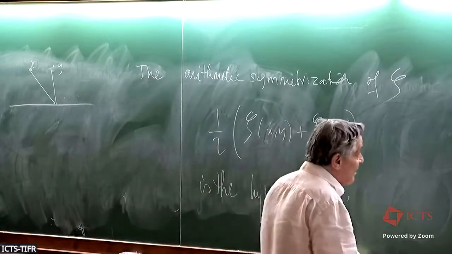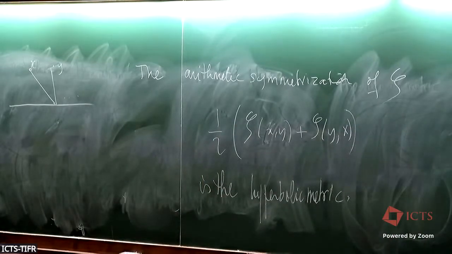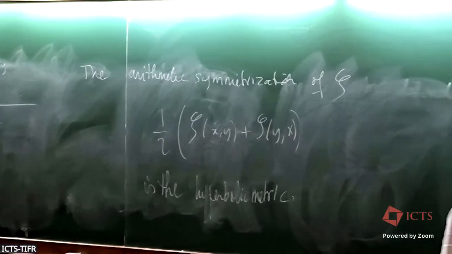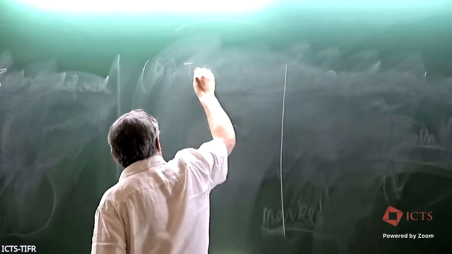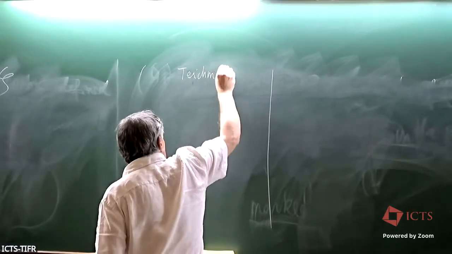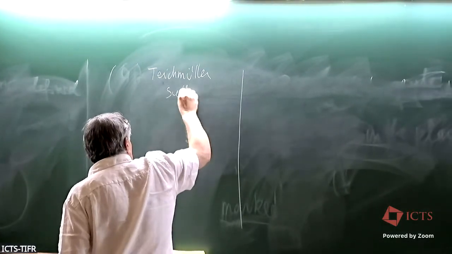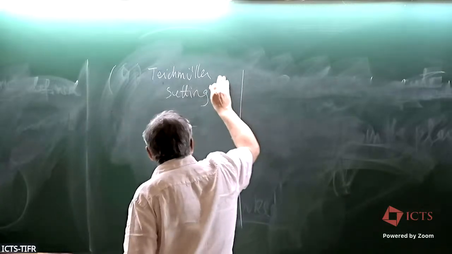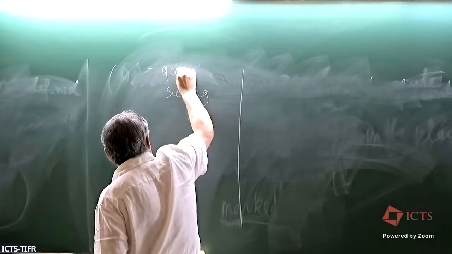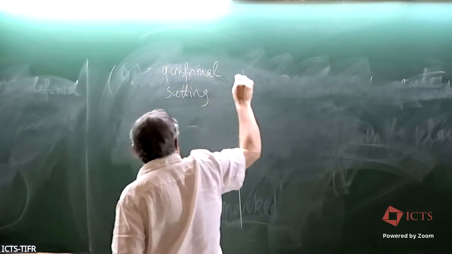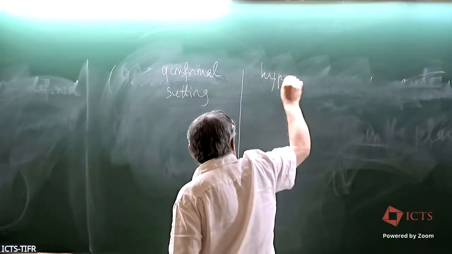So when I'm doing all this, I'm thinking of this table which Kenichi gave you in his first talk. He had a table where here you have, I think, the Teichmüller setting, and here conformal setting or quasi-conformal, and here the hyperbolic setting.